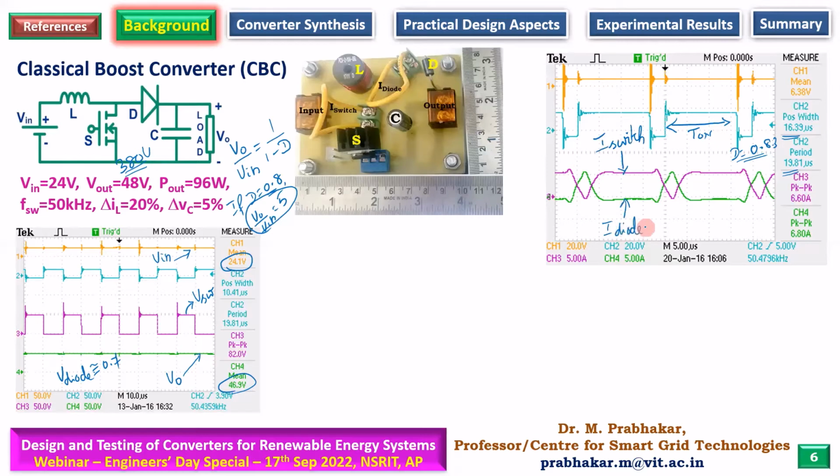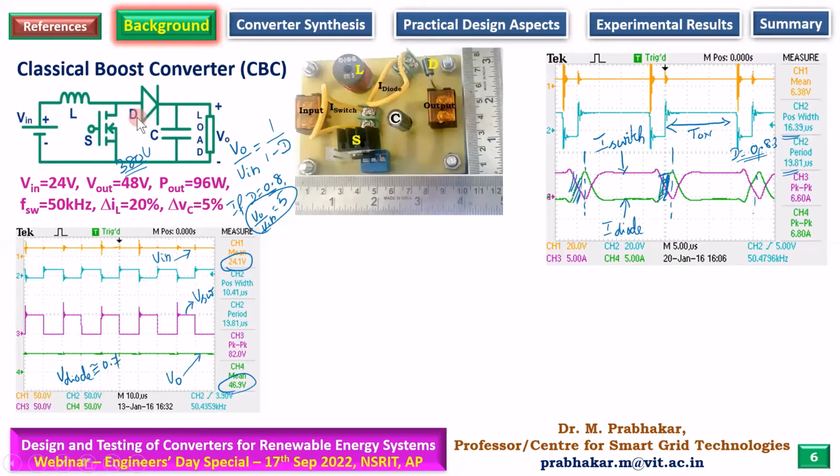Again, recollect that only the switch or the diode can conduct. Both cannot conduct. But what you see over here at these crisscross intervals is that both currents are there, current through the diode and current through the switch. They are present when there is a crisscross, which means both components, the switch and the diode, are conducting.